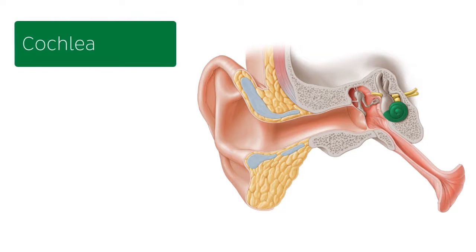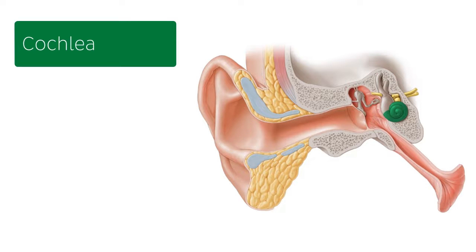The name cochlea comes from the Greek word for snail, koklos, and as you can see, this structure is spirally coiled like the shell of a snail. This spiral-shaped hollow structure makes up the auditory part of the inner ear.